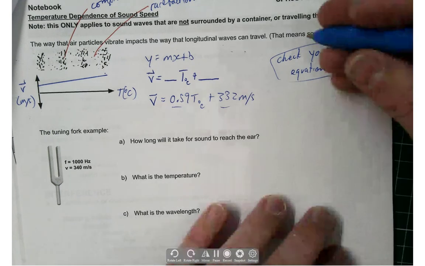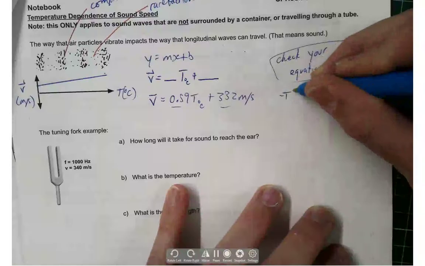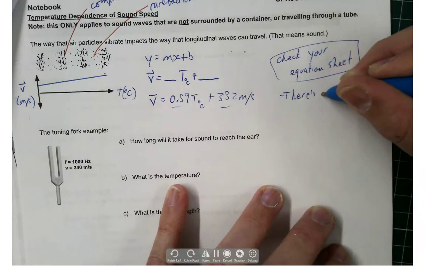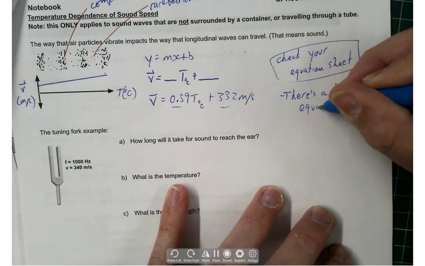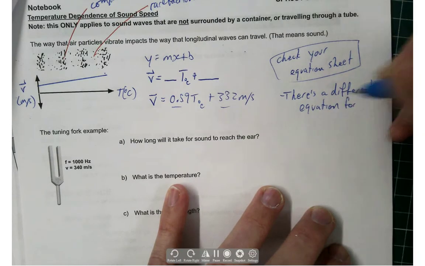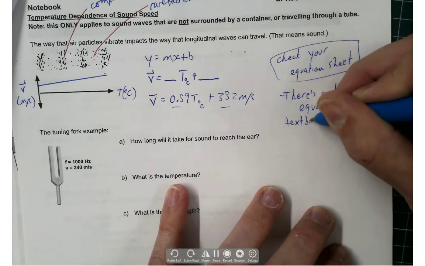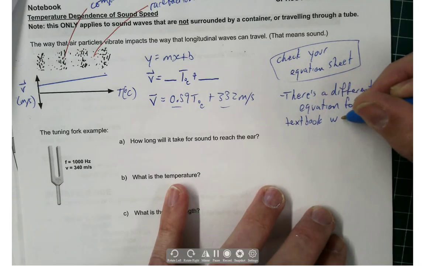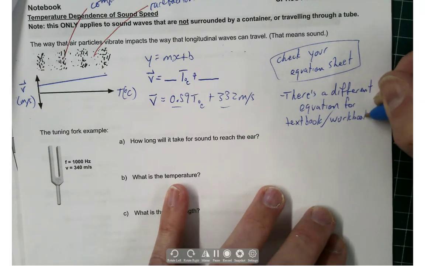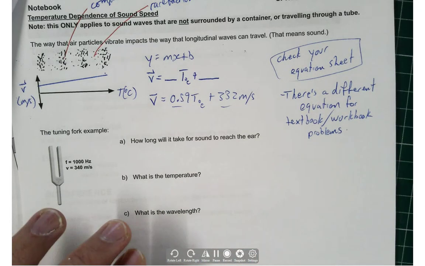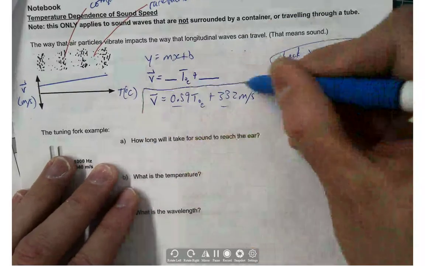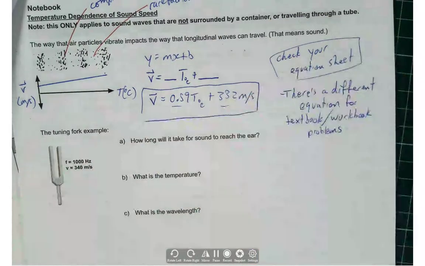So I'm going to say check your equation sheet, just because there's a different equation for textbook versus workbook problems. And that has everything to do with the fact that this is an experimentally determined equation for the speed of sound based on the temperature of the air in which it's being transmitted. Okay?